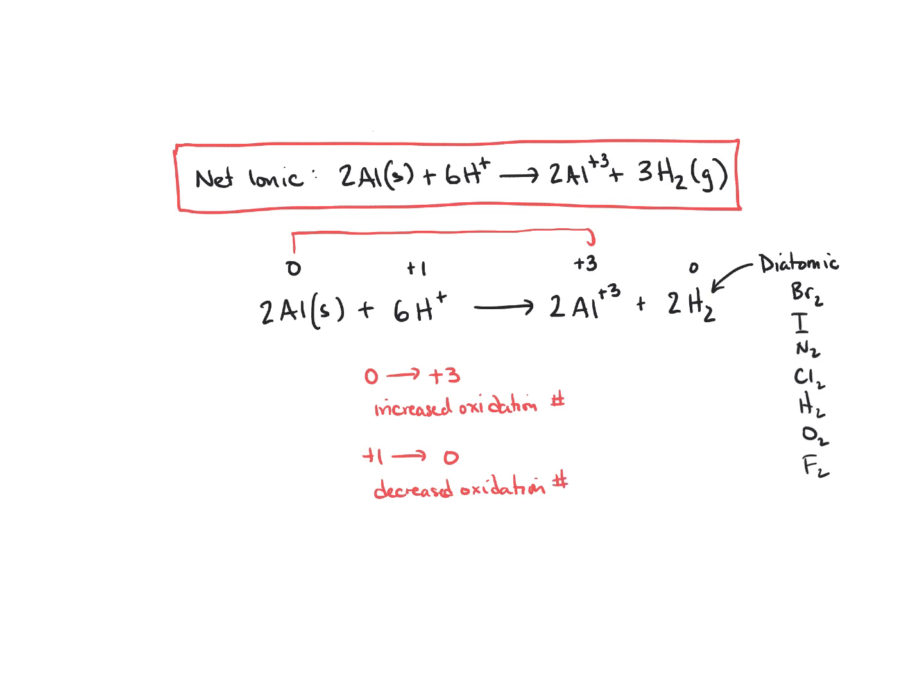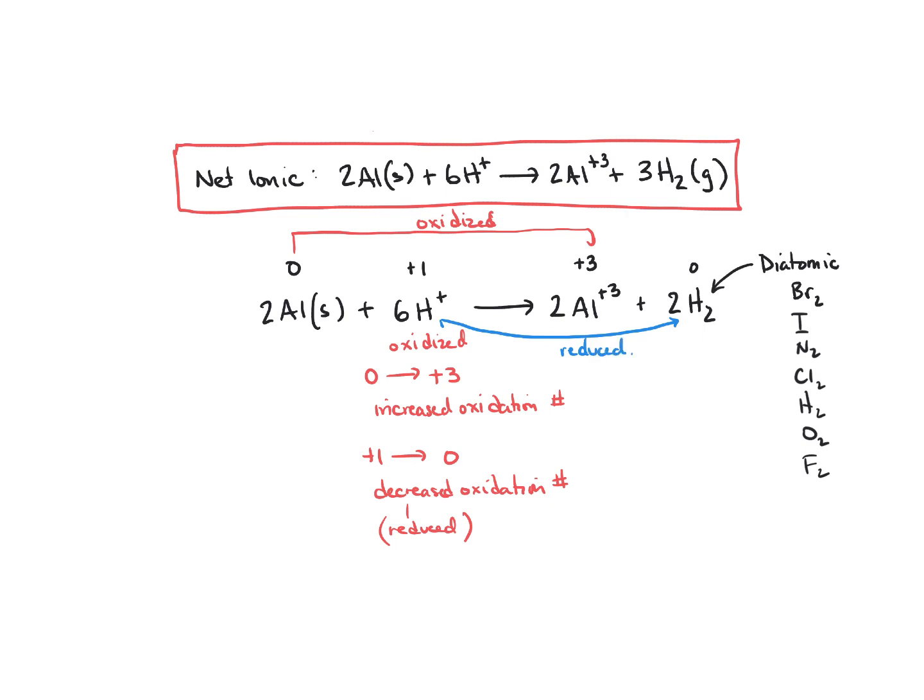Now, what's another word for decrease? Reduced. All right, so that's reduced, and this guy would be considered oxidized. So what we know is that when aluminum goes from 0 to a plus 3, that guy is oxidized. And then when we go from hydrogen plus 1 to a 0, that guy is reduced.